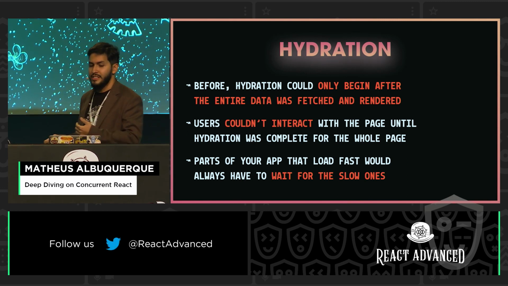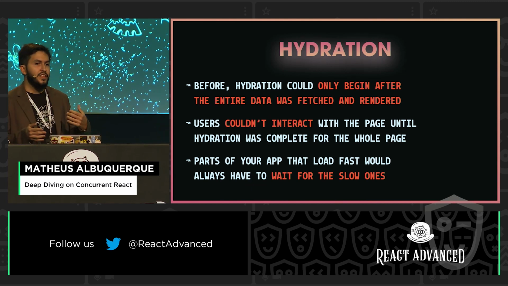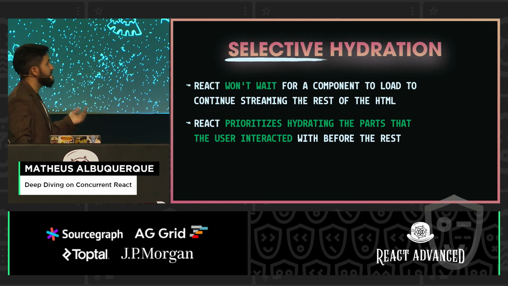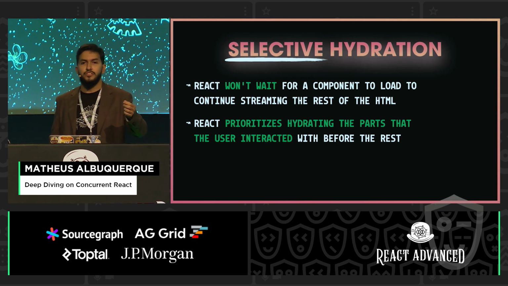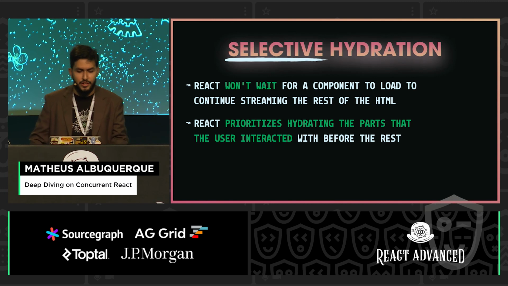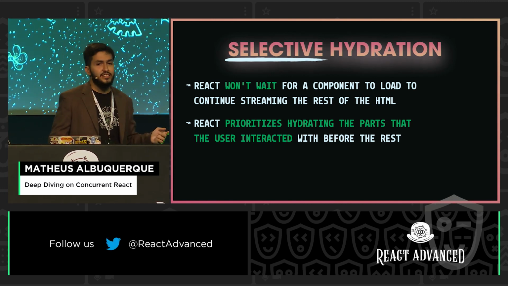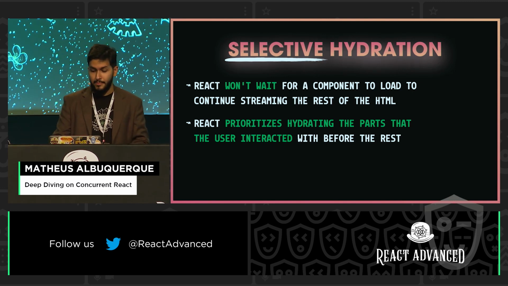And the other bad thing is that if you had a component or some parts of your app that loaded faster, they would have to wait for the slow ones. Now we have selective hydration. So now React won't wait for one component to load to continue streaming the rest of the HTML for the rest of that page. And not only that, but React is smart enough to prioritize hydrating the parts that the users interact with first. And that's amazing.